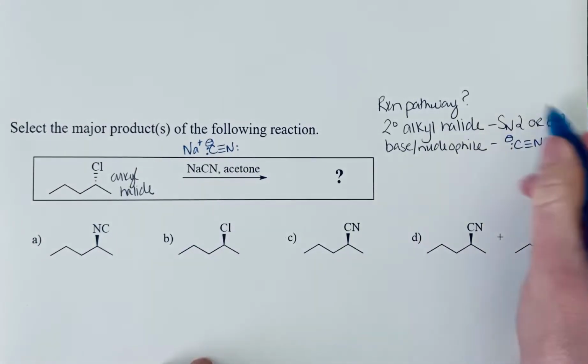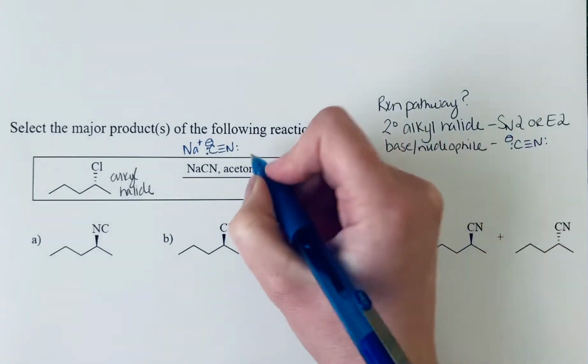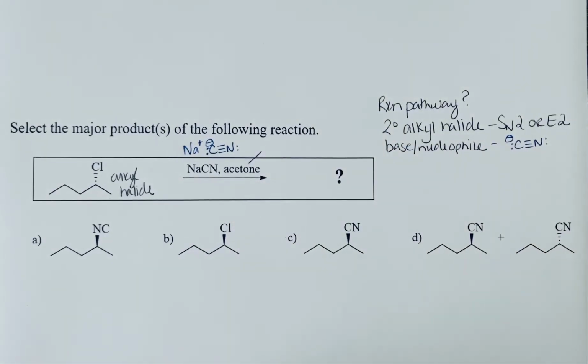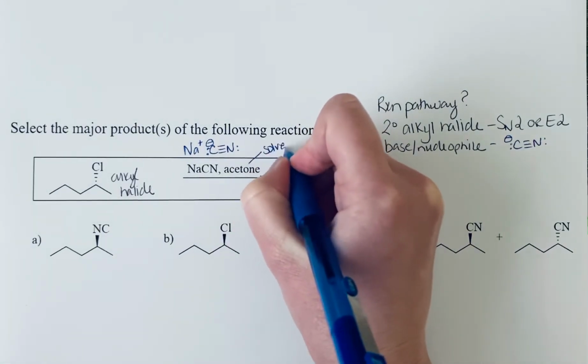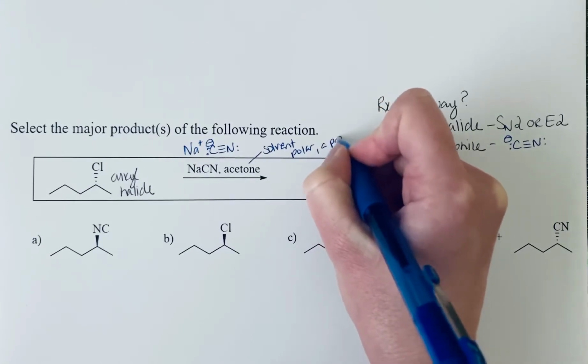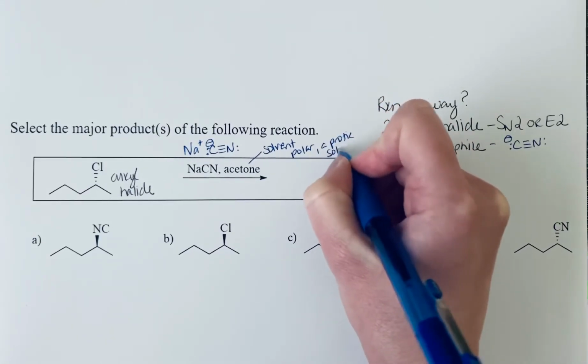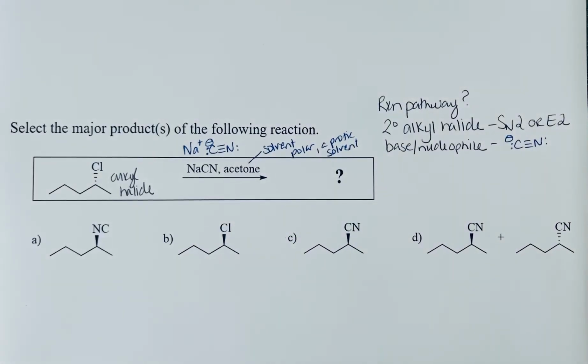Okay. With this information, we can determine the reaction pathway. The acetone here, I'm going to mention it, but this is not what determines the reaction pathway. This is the solvent, and this is a polar aprotic solvent. So this will enhance the reaction rate, but it's not what determines the pathway.